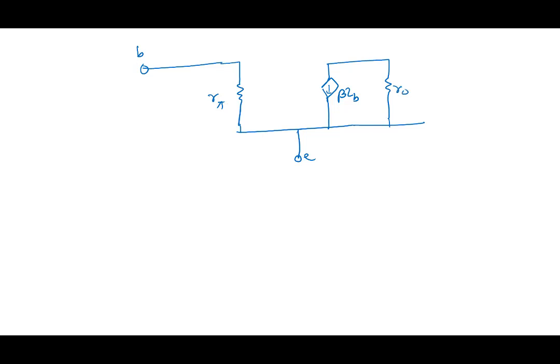So again, base. Note in the small signal model, we all use small letters here: r pi, emitter, beta ib, all denoting small values, and we use r naught. This is for a transistor biased in forward active mode.